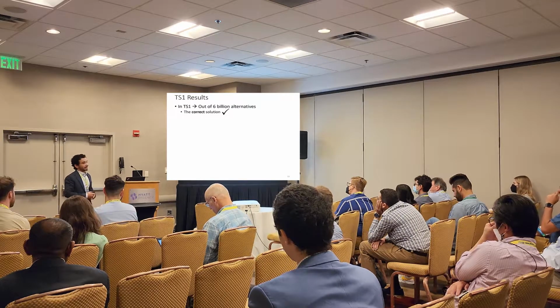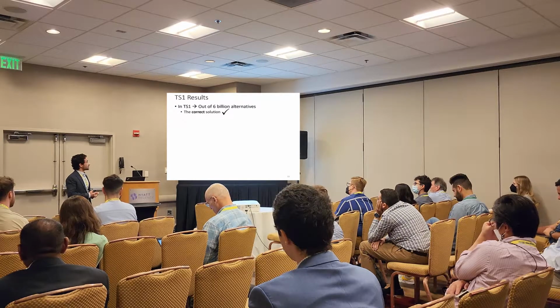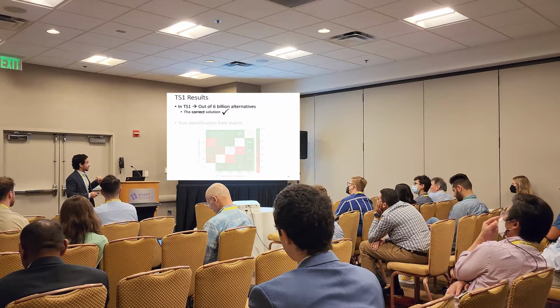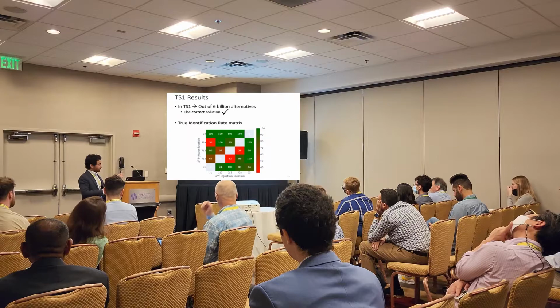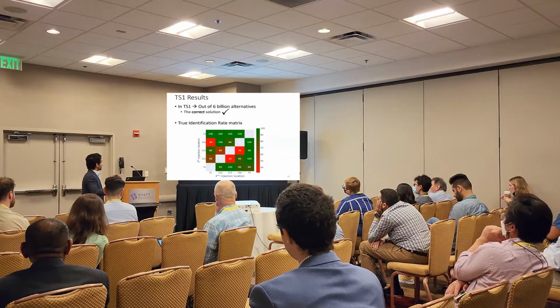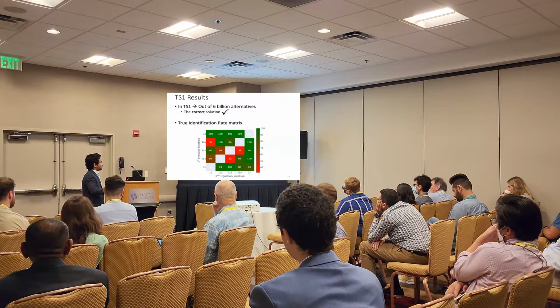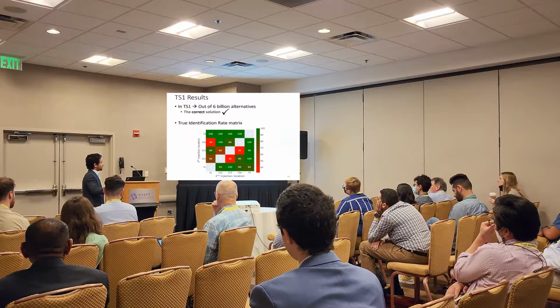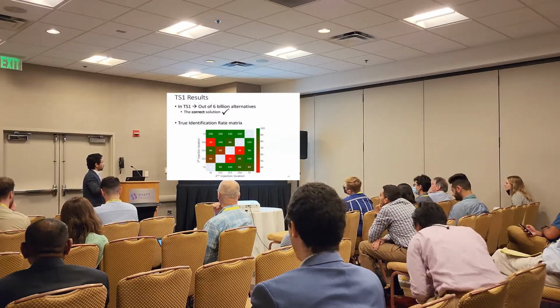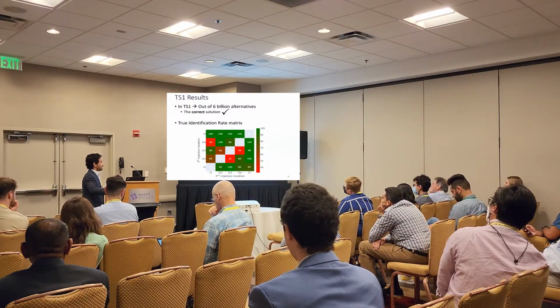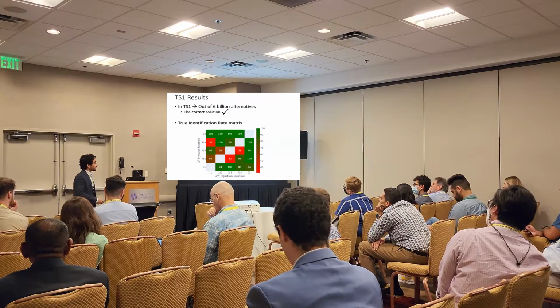In TS1, out of 6 billion alternatives, we were able to get the correct solution. Looking deeper at the true identification rate, which I will explain now: for example, this number here, 66, is the true identification rate at which the pair consisting of J12 and J1 is actually identified.